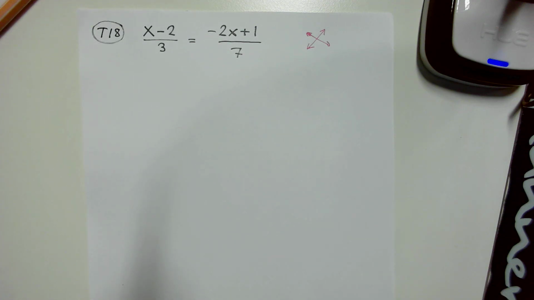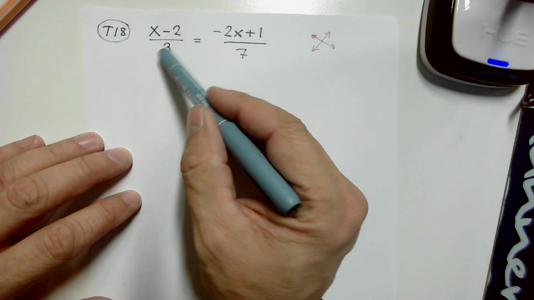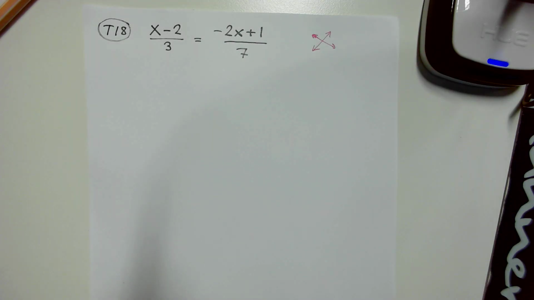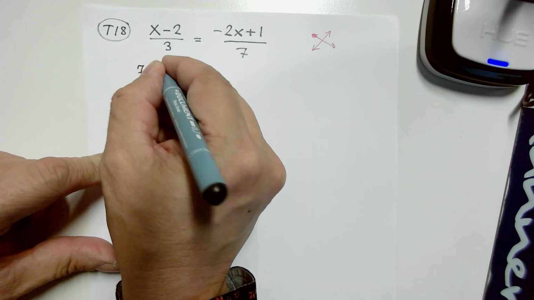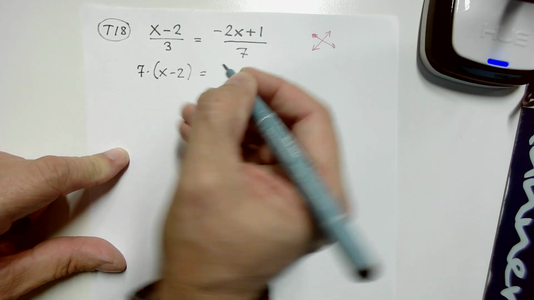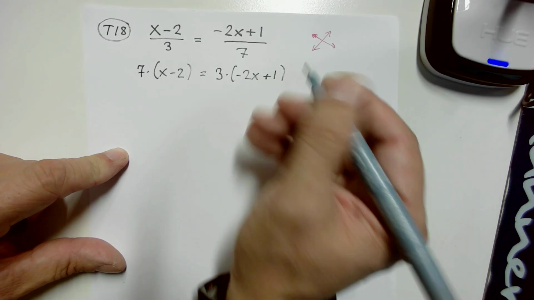You may multiply these first or these first. It is no matter how you do. For example, I may take this first: 7 times (x minus 2) equals 3 times (minus 2x plus 1).